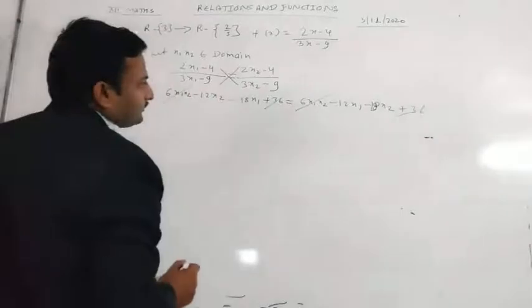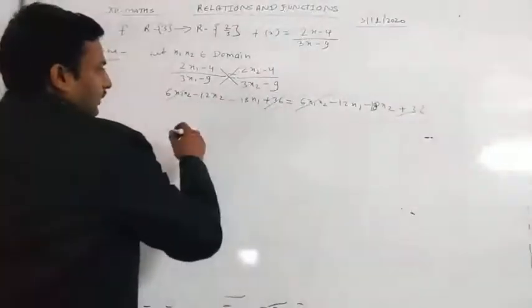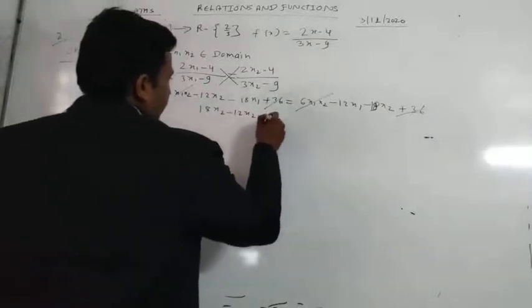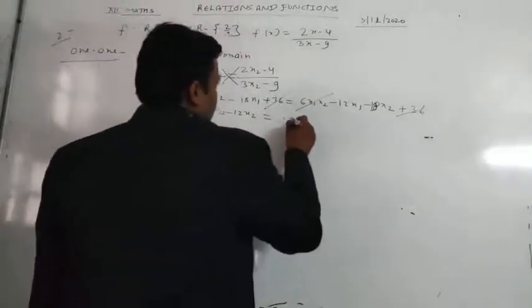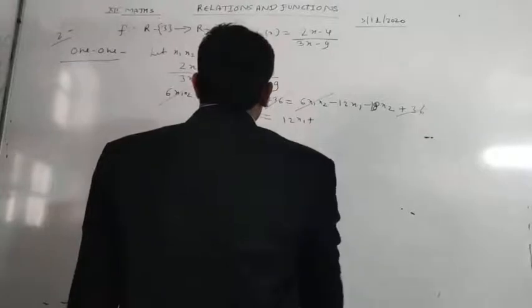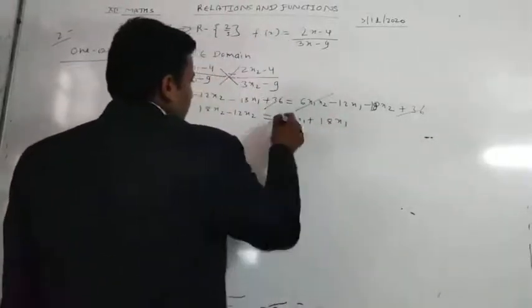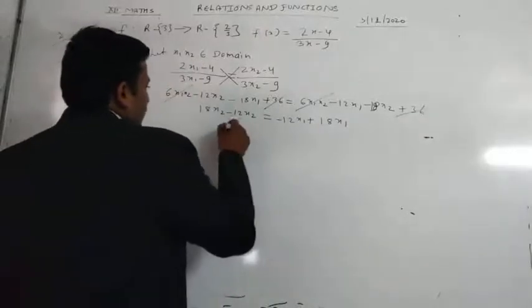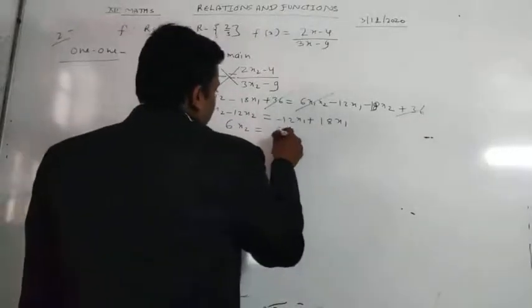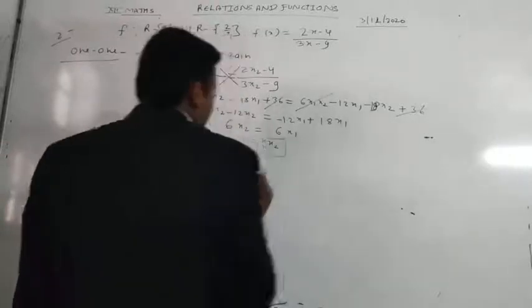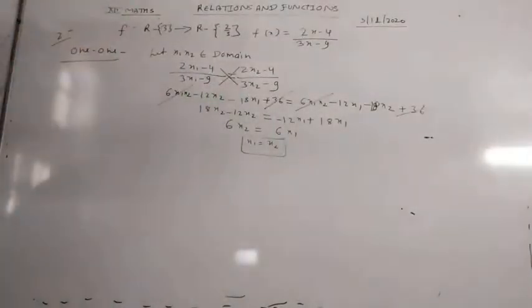Now we will take terms to the left hand side: 18x2 minus 12x2, and 12x1 minus 18x1. So 6x2 is equal to 6x1. So from here we get x1 is equal to x2. So we can say that our function is one-one.